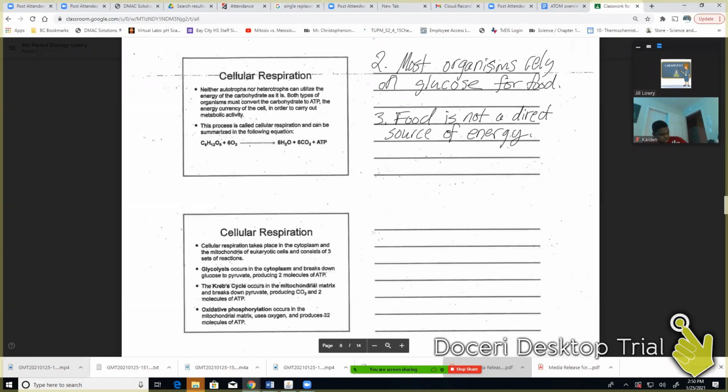So that goes back to what I just said. We talk about needing glucose, but it's really not the glucose we need. We need that glucose to be broken down through cellular respiration to give us the ATP. So it's an indirect form of energy.